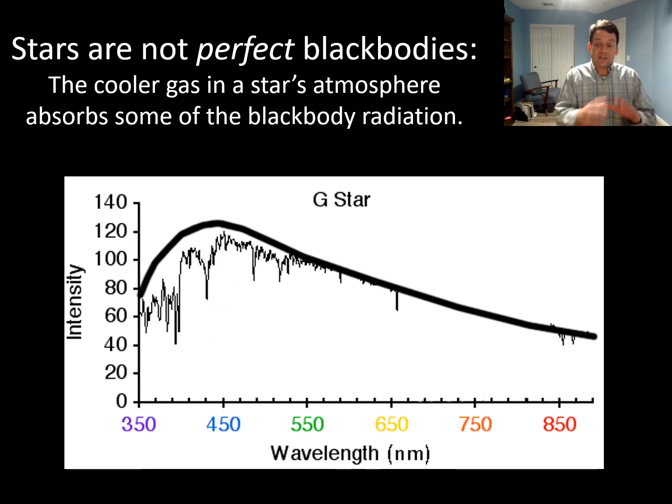And actually that's great news for us, because in our continuing quest to squeeze as much information out of the spectra that we get as possible, this is going to give us a wealth of information about what exactly is there in the star's atmosphere.